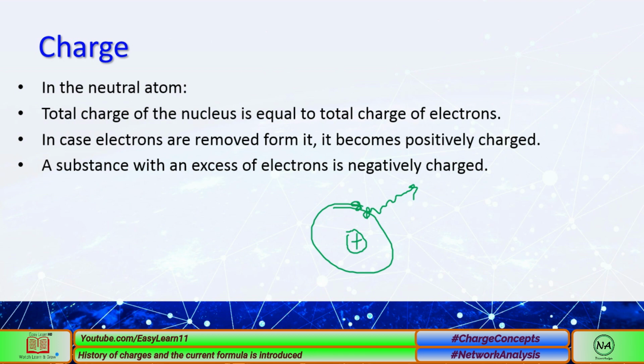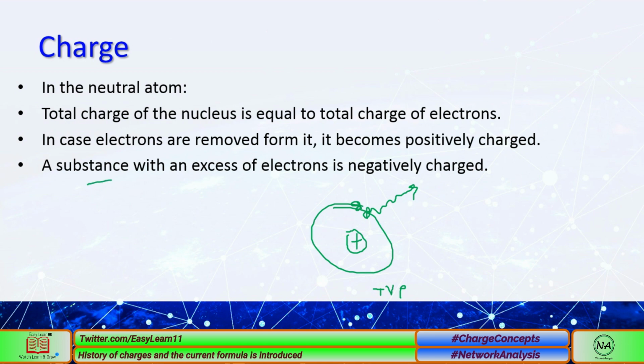When a deficiency of electrons happens, there is no change inside the nucleus. So overall there is an excess of positivity in this atom, and it becomes positively charged.